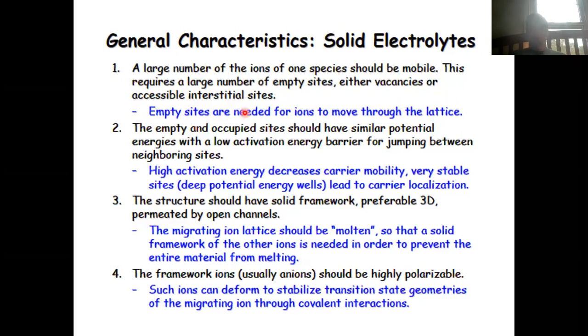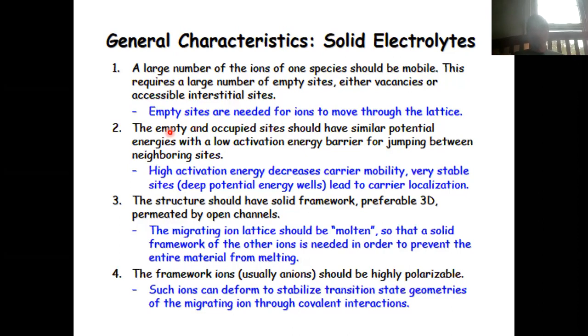Secondly, the empty and the occupied sites should have similar potential energies, with a low activation energy for jumping between neighboring sites. The reason is that a high activation energy decreases carrier mobility, and very stable sites with deep potential wells lead to carrier localization.